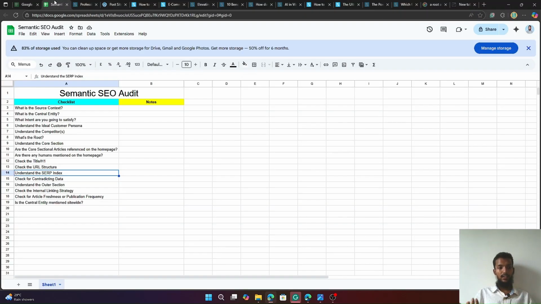They can internally check that. And next we have check for contradicting data. Sometimes what we do is, let's say one web page or article was written by someone and the other one was written by someone else. Then let's say one person said that we have to drink water 5 times a day, and the other person says we have to drink 10 times a day, just for the sake of example.